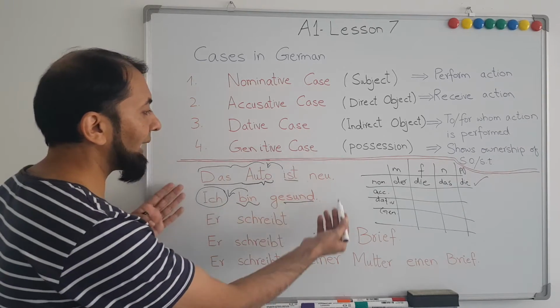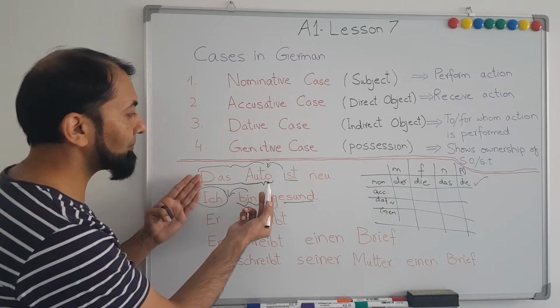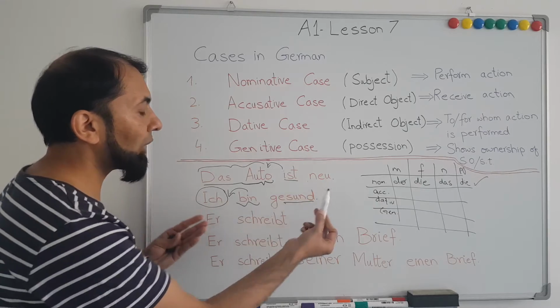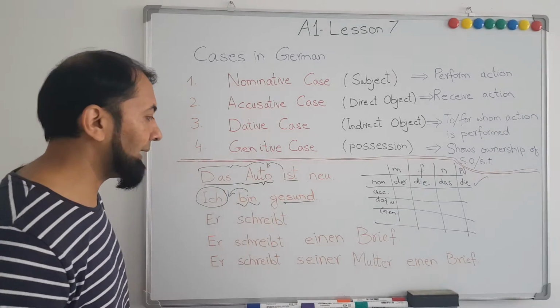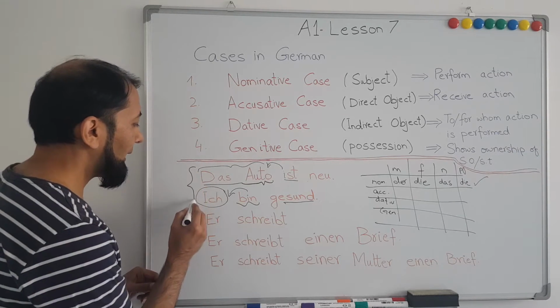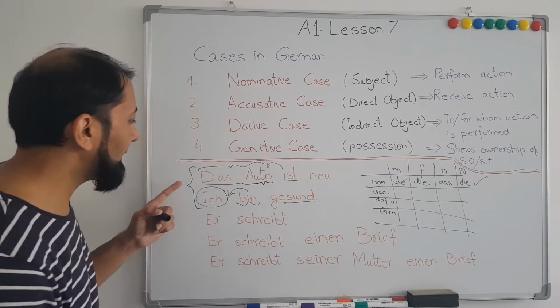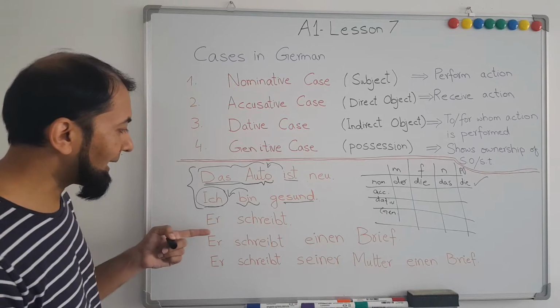So this is just information where we have one noun at the start of the sentence, which is the subject, and we do not have any direct object or indirect object. Therefore, these first two examples have only nominative case here.